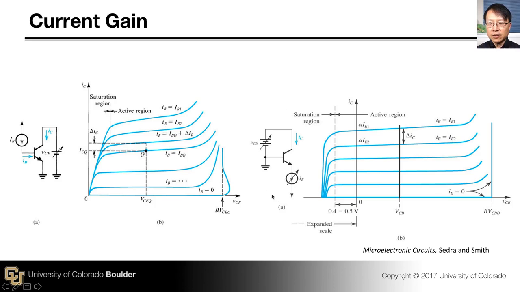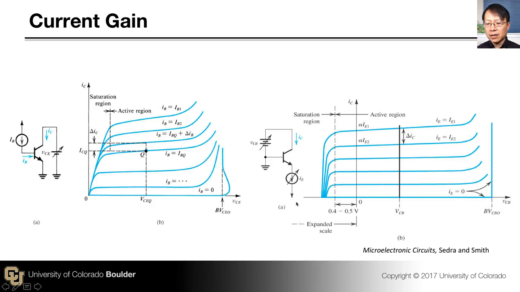On the right here, you have a slightly different configuration. This time, you monitor the collector current as a function of the emitter current. The emitter current in this case is the control current or input current. This configuration is called the common base configuration.